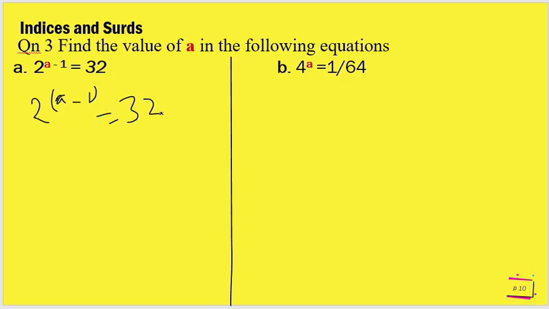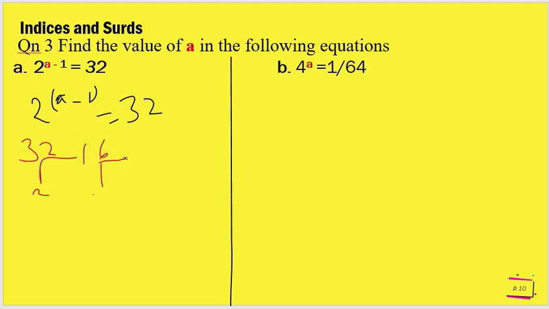Now, this means that we need first of all to write 32 as a base and index, whereby the base must be equal to 2. So we have 32, you divide this 32 by 2, you get 16.